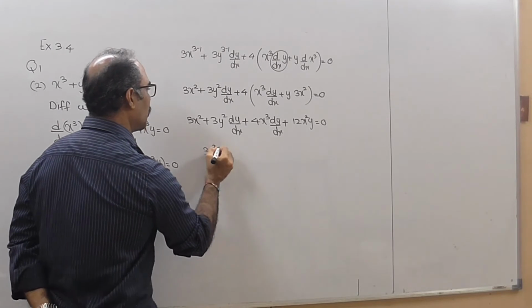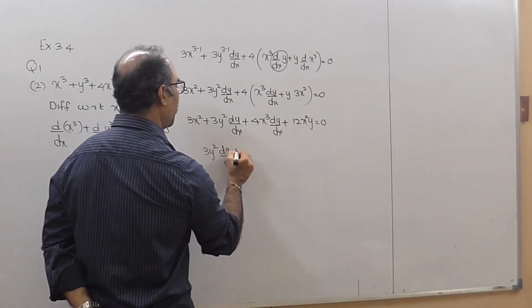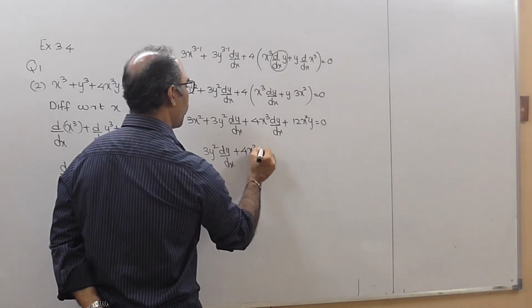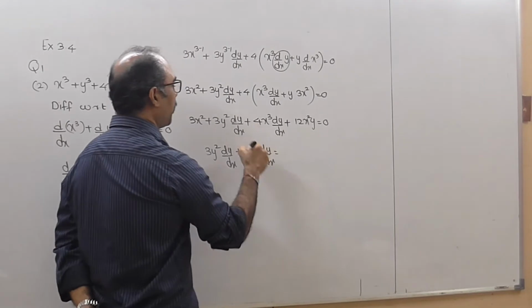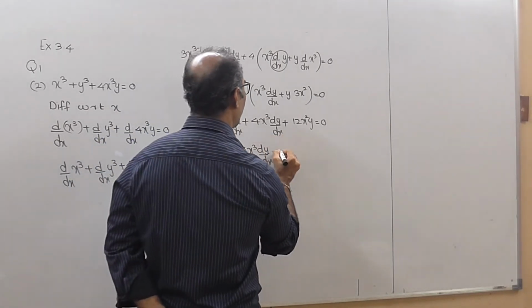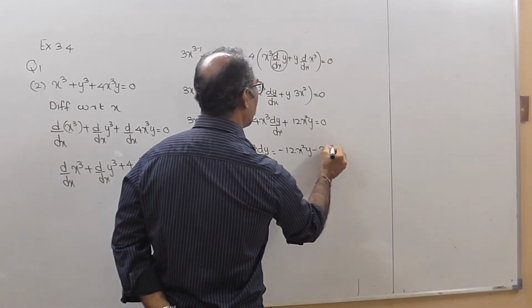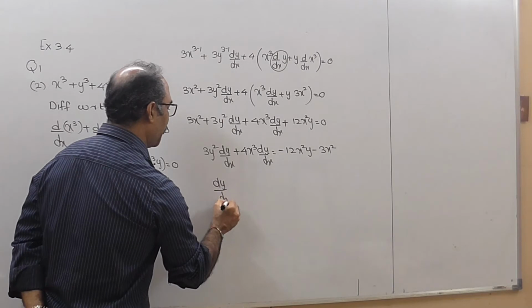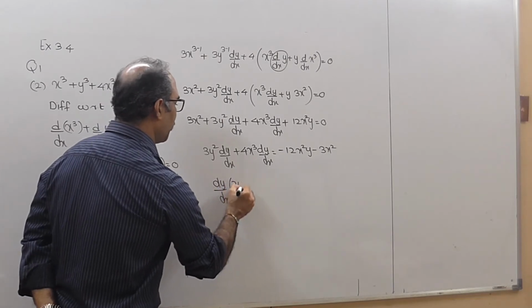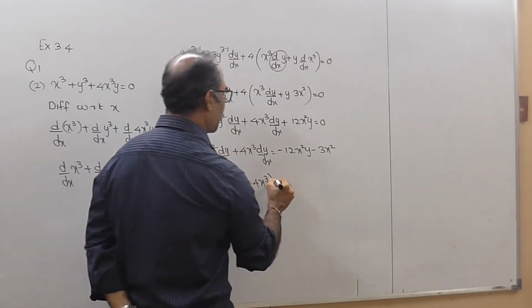So what you do is write all dy by dx terms together. 3y square dy by dx, 4x cube dy by dx. Non-dy by dx terms you shift it to the right, you get minus 12x square y minus 3x square. You want to find the value for dy by dx now. So take dy by dx common, you get 3y square plus 4x cube.